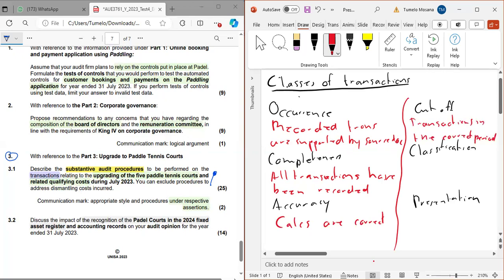Then, with the classification, you need to check whether the transactions recorded are in the proper account.